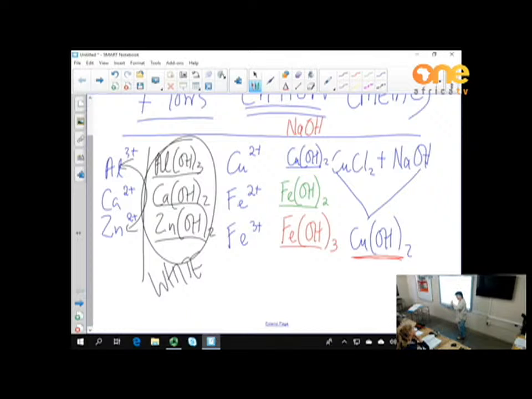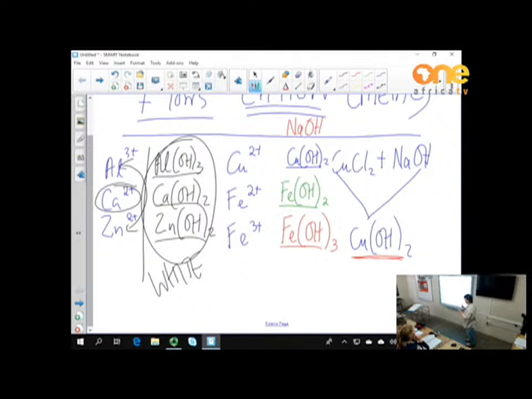So now the second step is to add excess sodium hydroxide. So I fill up the test tube. If the precipitate remains, we've got calcium. If the precipitate disappears, it becomes soluble, we've got either aluminium or zinc. All right.